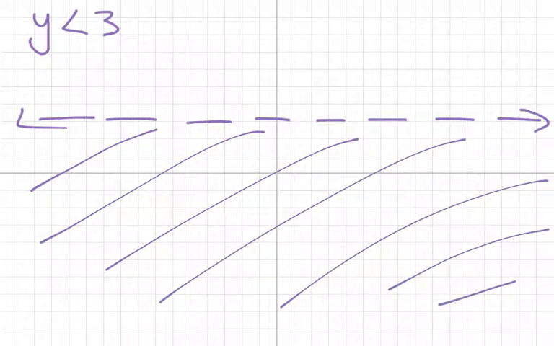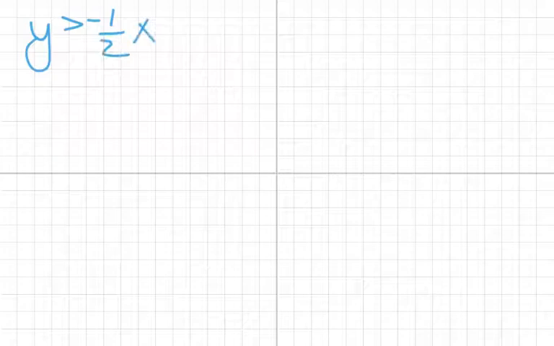And then the last type of linear inequality that we might see would be something like y is greater than -1/2 x plus 3.